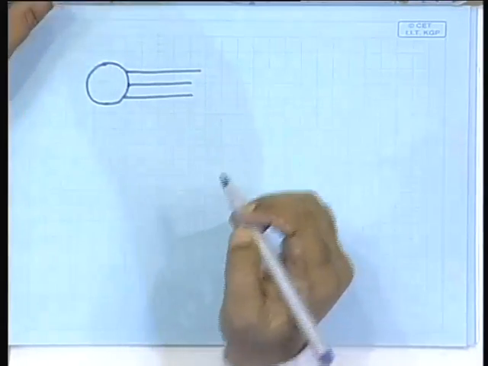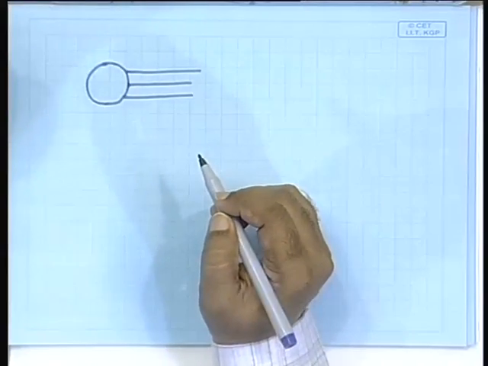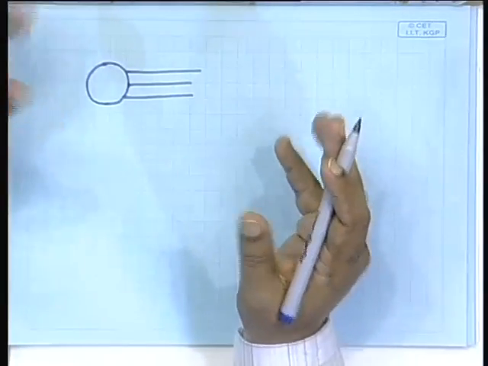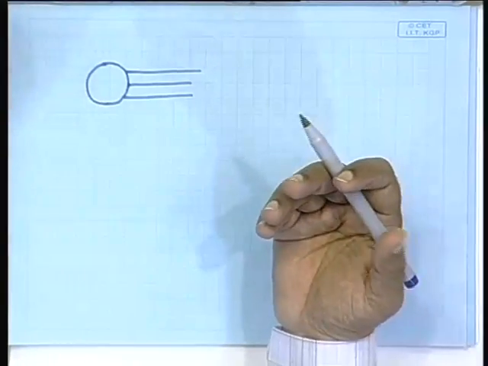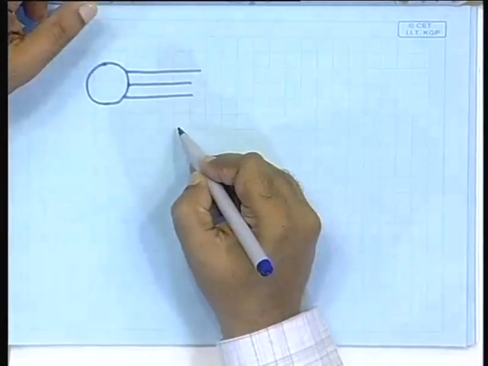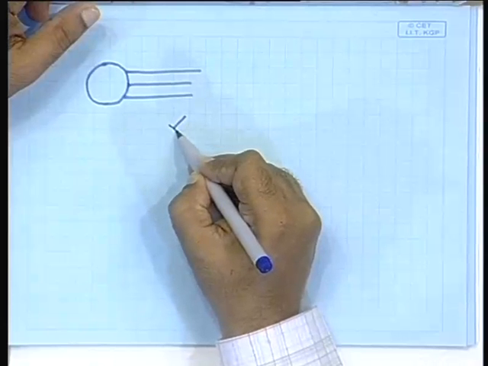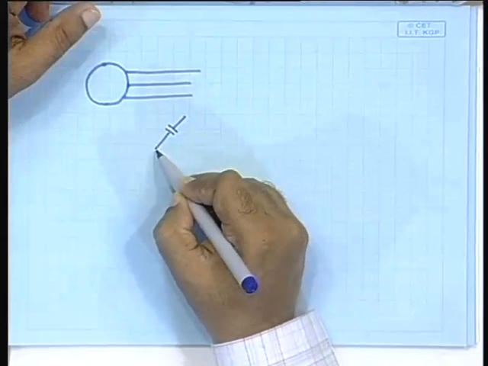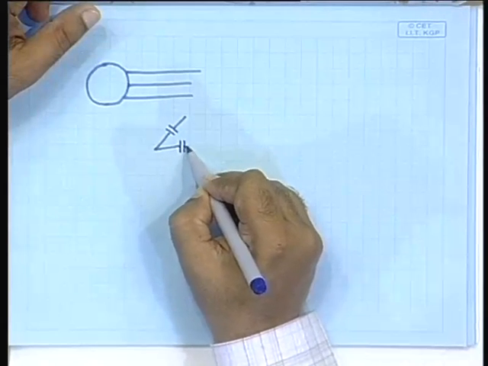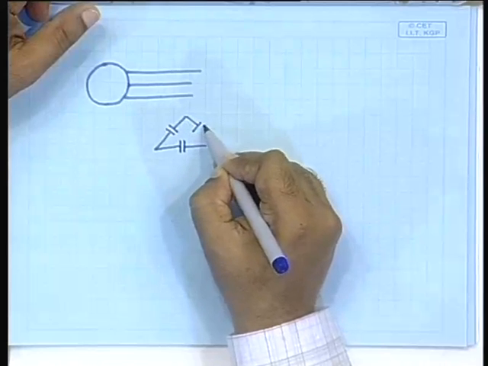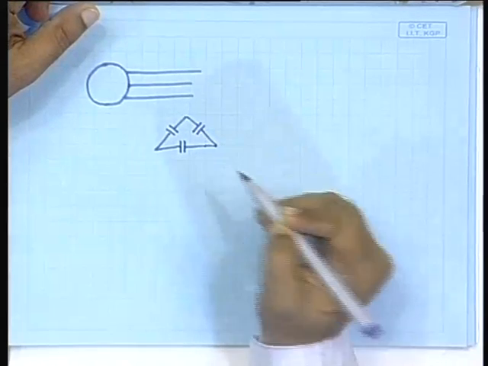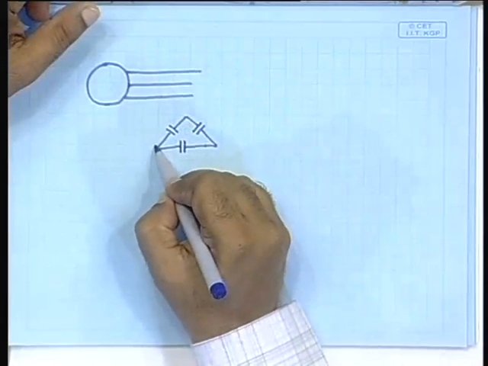and as I showed, there will have to be a capacitor bank connected across this, otherwise you will not get the supply of the reactive power. So, this can be a delta connected capacitor bank, like so, which will then be connected to the line.